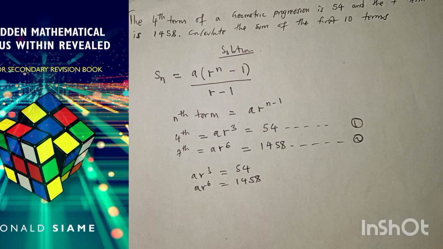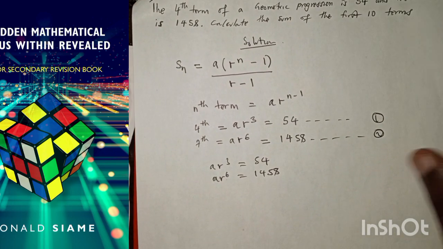We can divide equation 2 by equation 1, since equation 2 has a higher order than equation 1. So we divide equation 2 by equation 1.